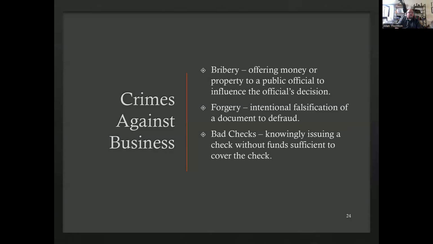Forgery is someone who intentionally falsifies a document, signs their name to it, and does so to defraud someone of money or property or whatever, and bad checks. Businesses do not suffer from this quite as much because there are not many people that write checks anymore. But at one time, it was one of the worst things that could happen to most grocery stores and retail establishments like a Walmart or Target or a place like that.